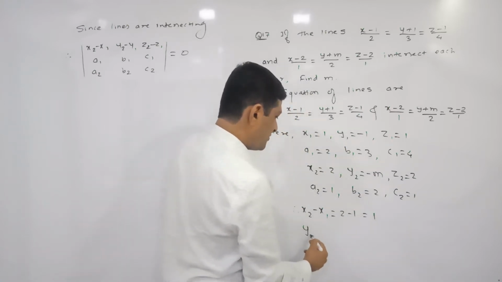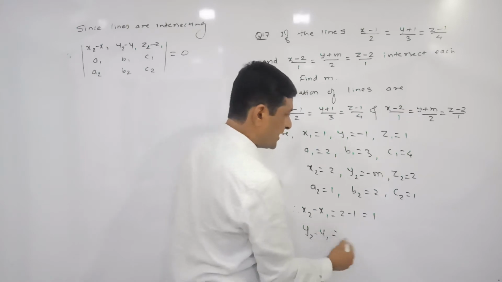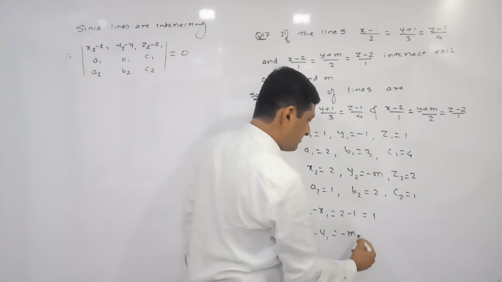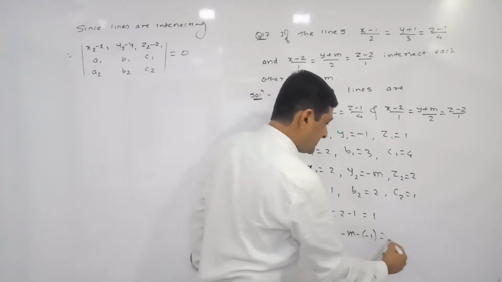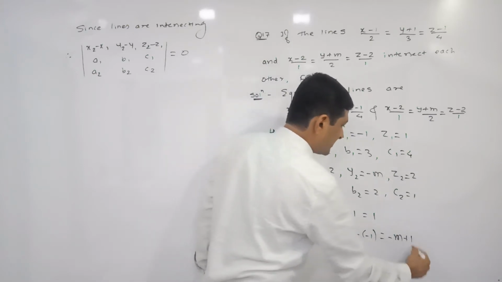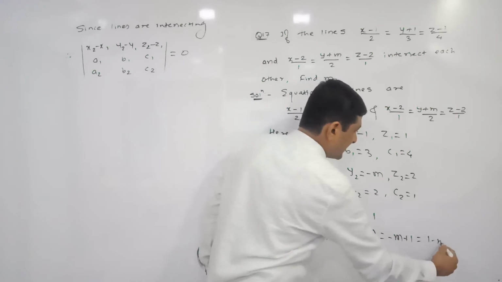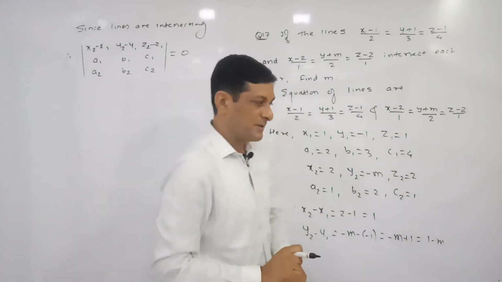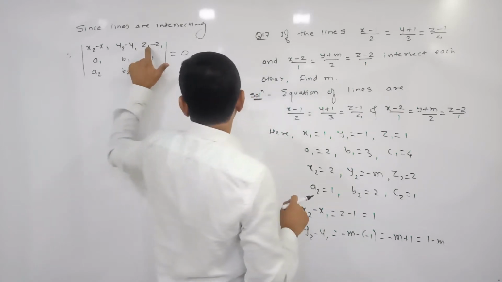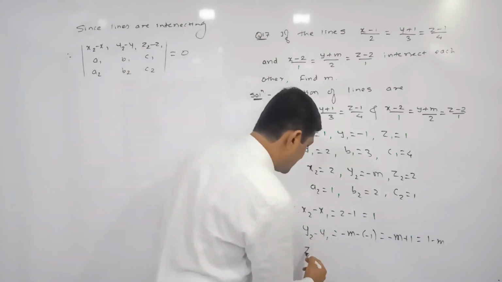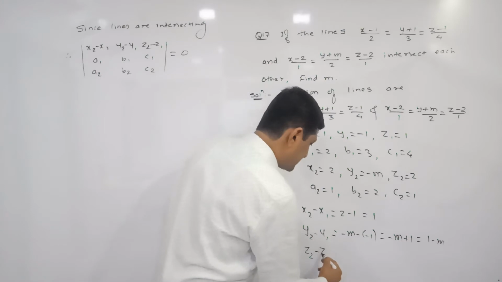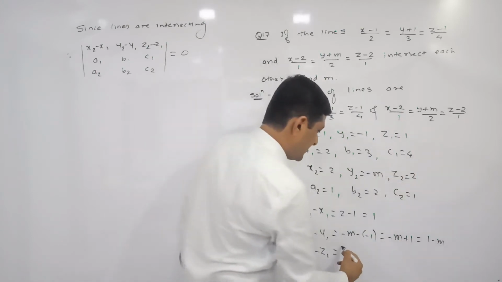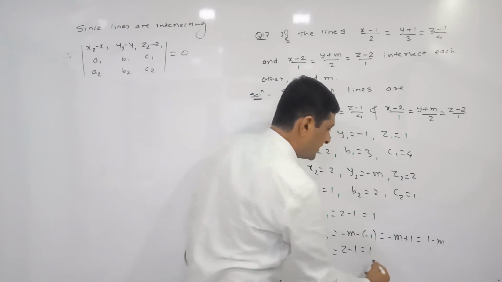Now find the value of y2 minus y1, which means minus m minus minus 1, equal to minus m plus 1, which can be written as 1 minus m. First write the positive term, then the negative term. Lastly, let us find the third required value, z2 minus z1. z2 is 2 and z1 is 1, so 2 minus 1 is equal to 1.